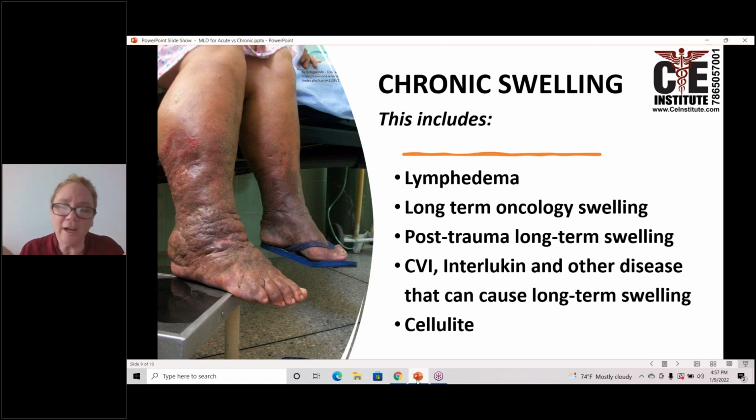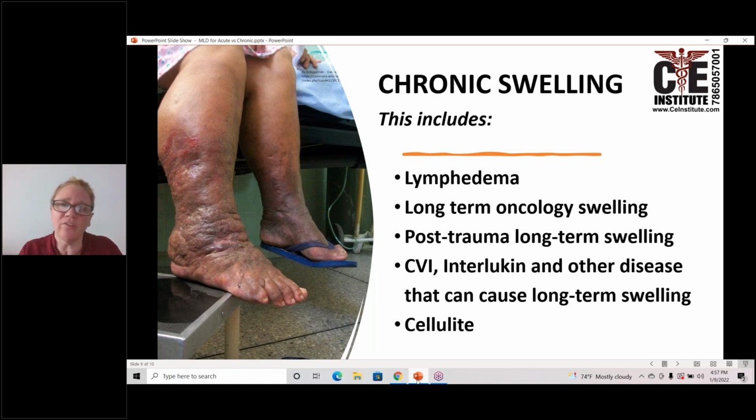I fractured my ankle and ruptured my Achilles many years ago, and I have swelling inferior to the surgical scar where they repaired my ankle. So that is an example of post-surgical long-term swelling. It could have been from the fracture itself and rupture, or it could be from the swelling. I'm not sure why the swelling is there.